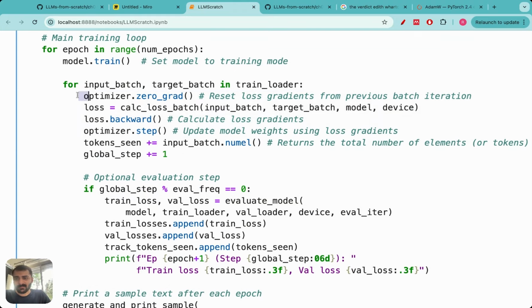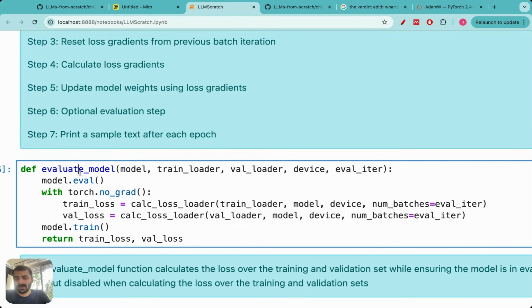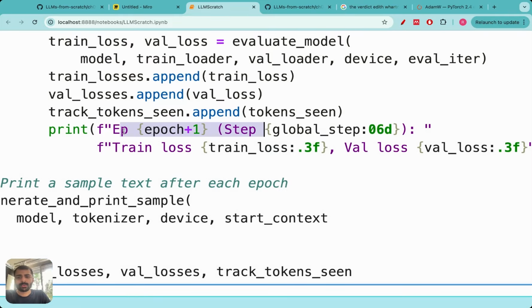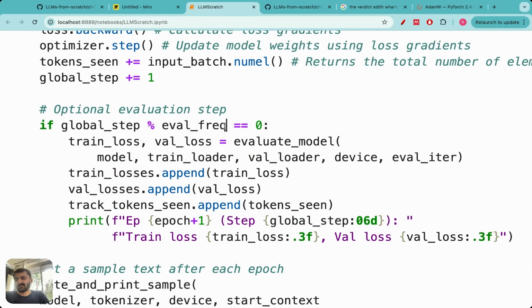So after the first batch is processed, we will run this part, which means that after the first batch is processed, we will evaluate the model and we will get the training and the validation loss, correct? But we are going to show it only at a particular evaluation frequency.